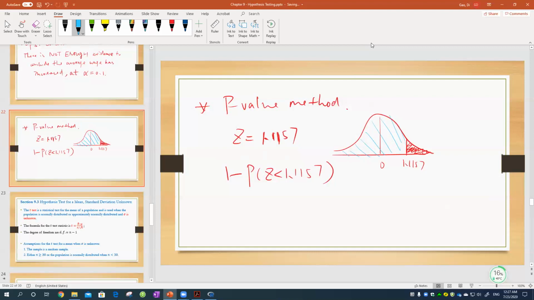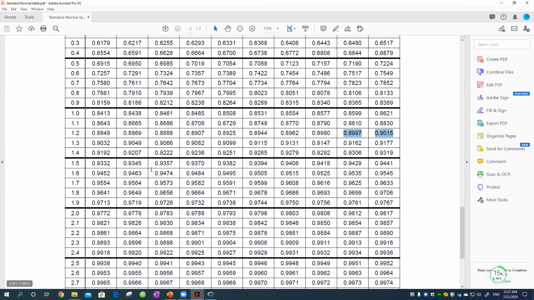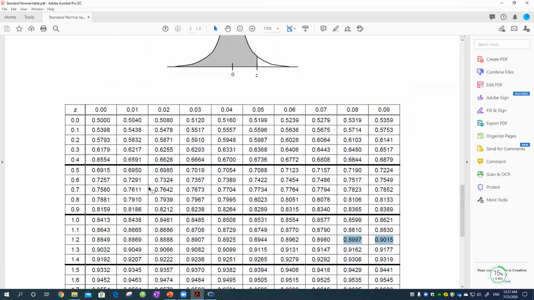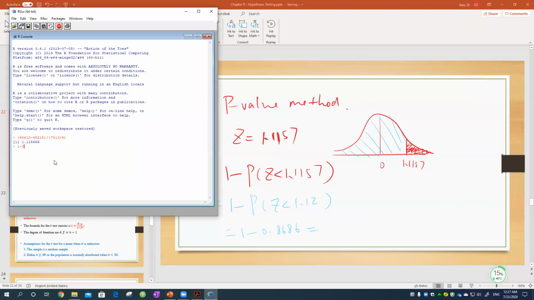So now we can know the probability. That's going to be 1 minus probability z smaller than 1.12 because you want to round to 2 decimals to use the table. 1.12 is right here. 0.8686. 1 minus that is 0.1314.